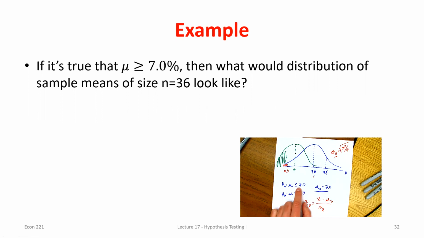If 4.5 as my sample mean is inconsistent enough with this assumed true value, then if it was 8%, it would just shift that distribution to the right and make the probability of seeing 4.5 even less likely.